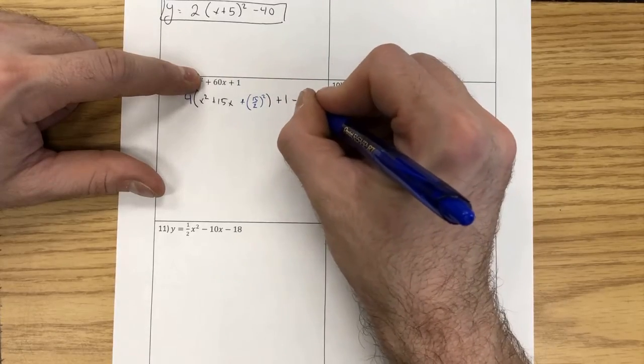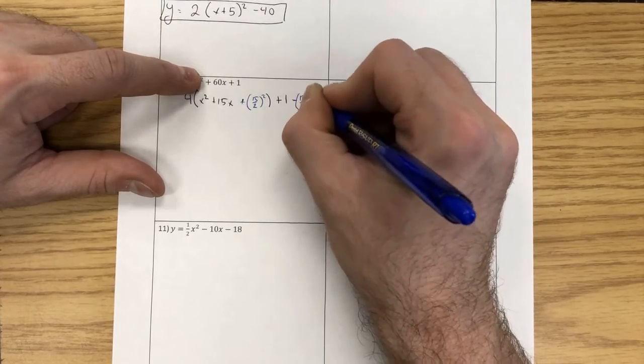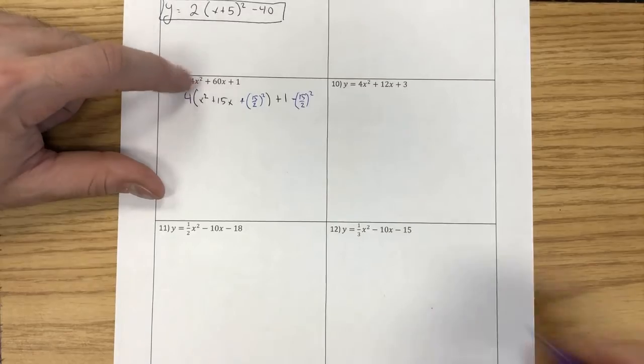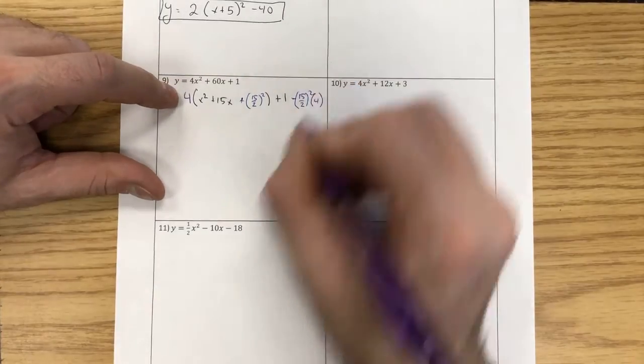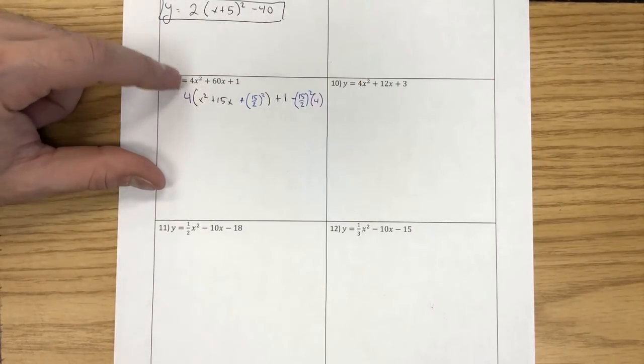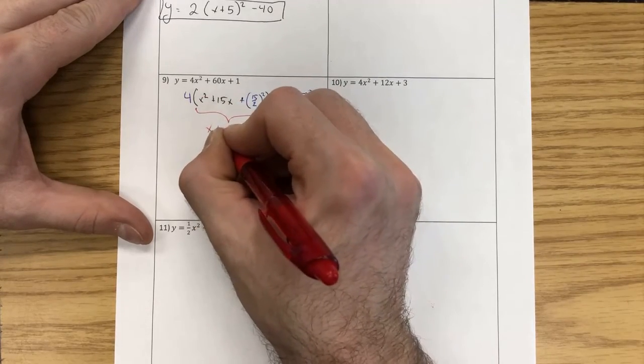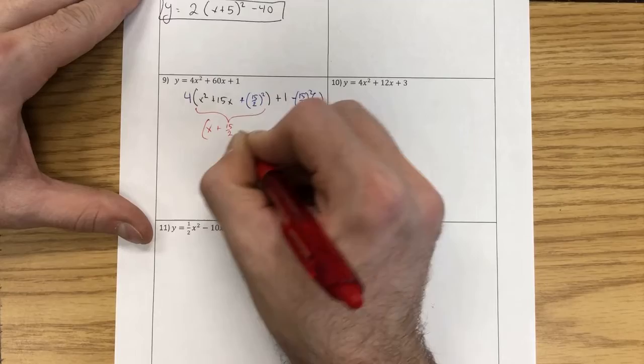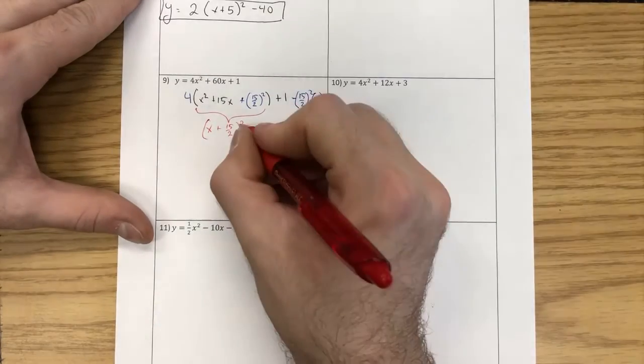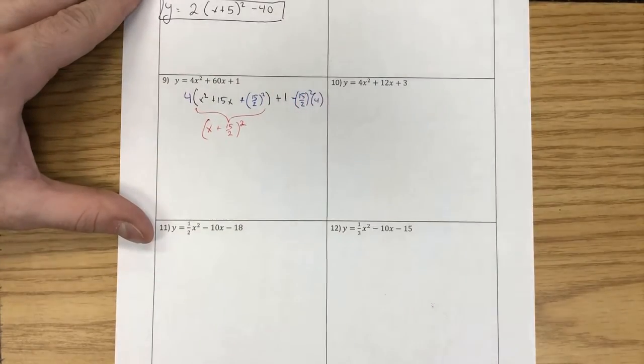If I add it, take away 15 halves squared times this thing. And that's going to give me a very easy x plus 15 halves squared times 4. And then I just deal with whatever's left over here on the end.